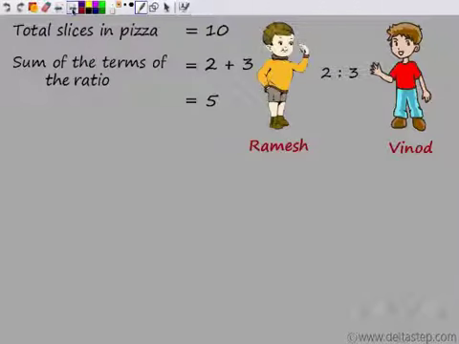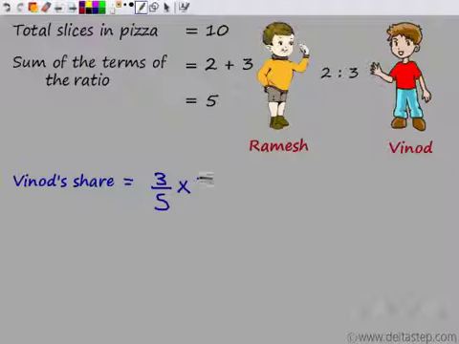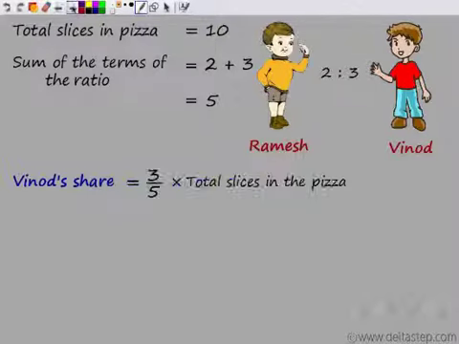Now I want to find Vinod's share. Vinod's share would be 3 out of 5, that is 3 by 5 of the total slices in the pizza. We know that the pizza was divided into 10 slices.